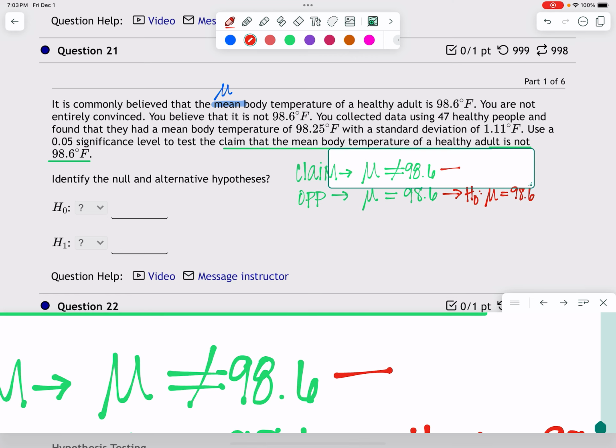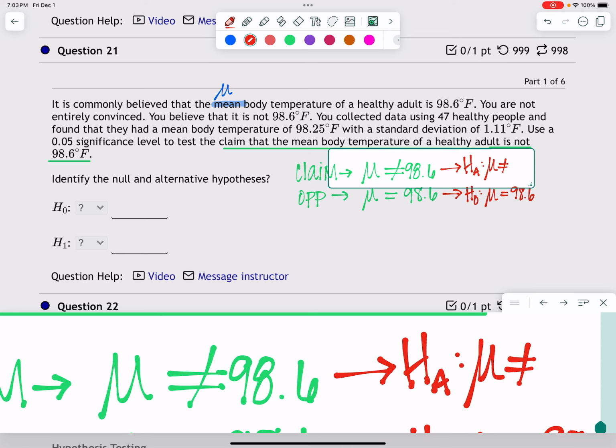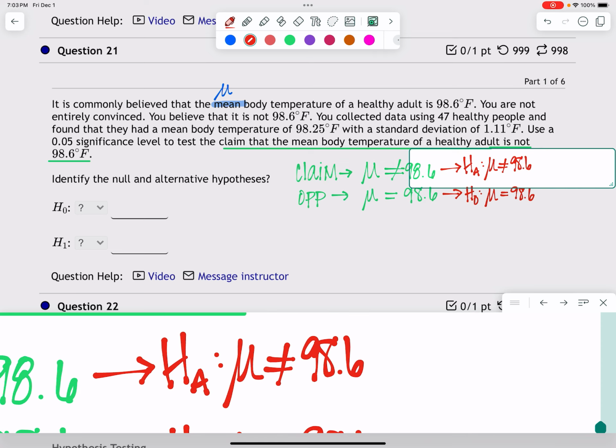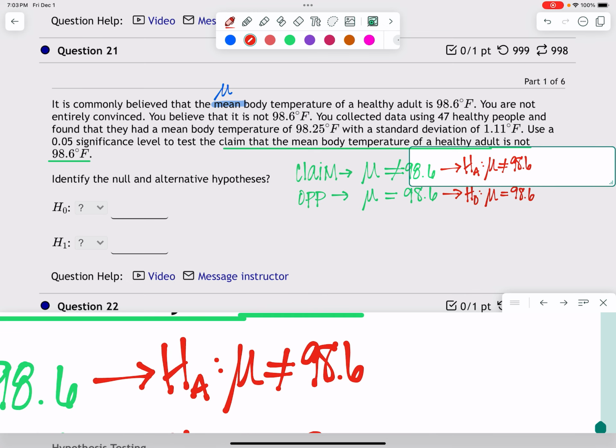That means our alternative hypothesis says mu is not equal to 98.6. And I am going to mark that alternative hypothesis as our original claim.